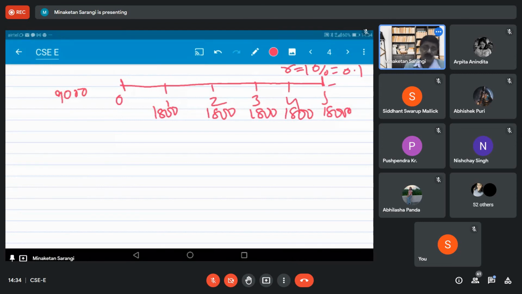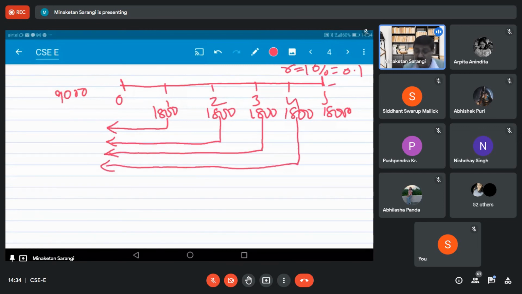Now, what is the present value of all the 1,800 payments? What is the present value of this 1,800, and this, and this, and this, and this? Let us check.